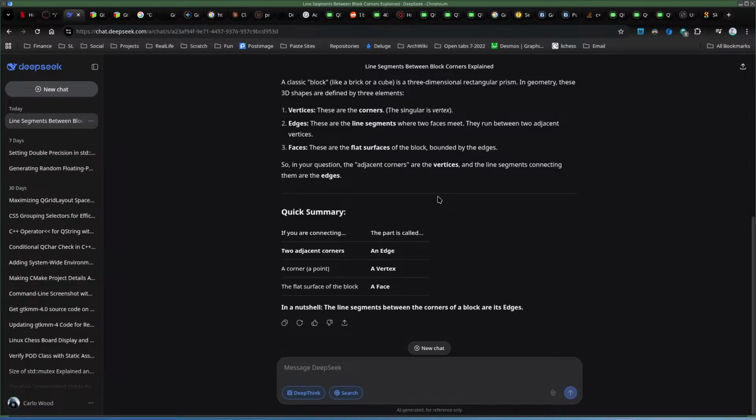I think 3 is the minimum. Well, 0 is the minimum, but if you just cut off a little corner, then you have 3. 4 is also easy. Can you get more than 4? I think you can get more than 4.